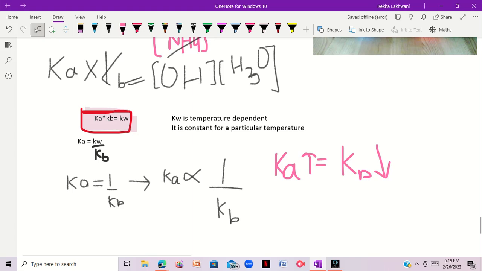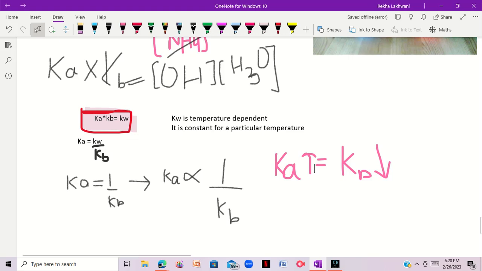So that's the reason that Ka is inversely proportional to Kb. That's why a strong acid will always give a weak conjugate base, and a weak base will always give a strong conjugate acid. So this is the reason behind this, right?